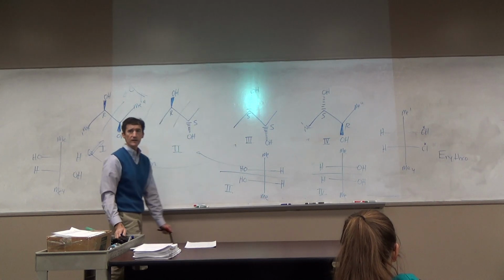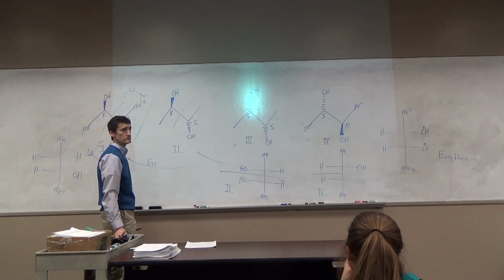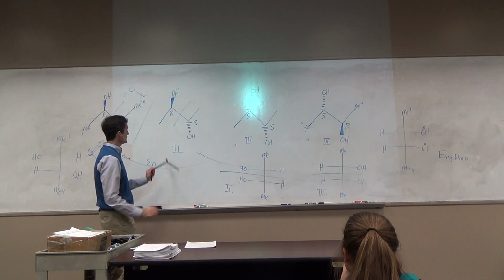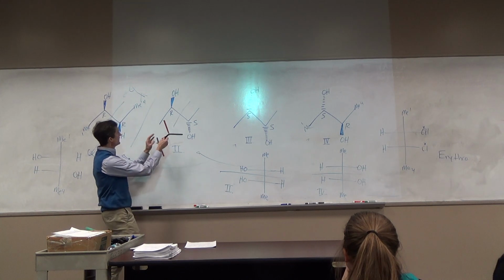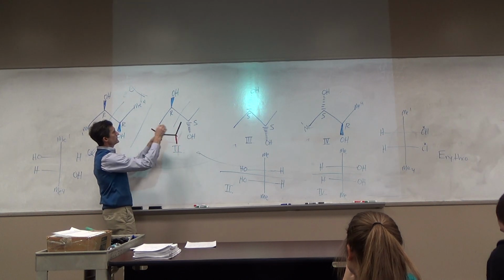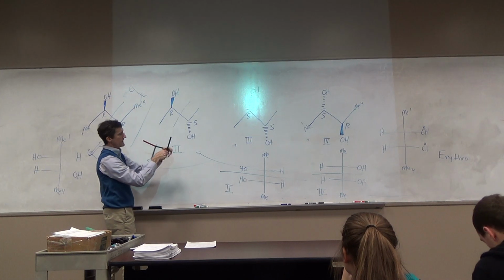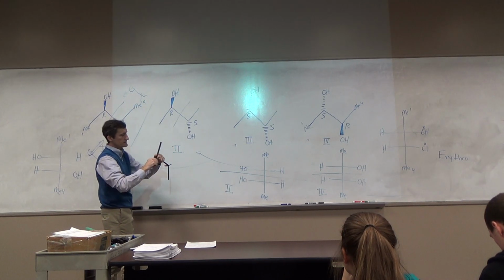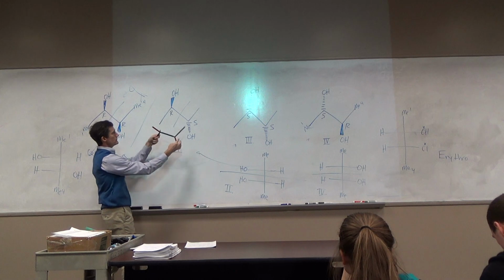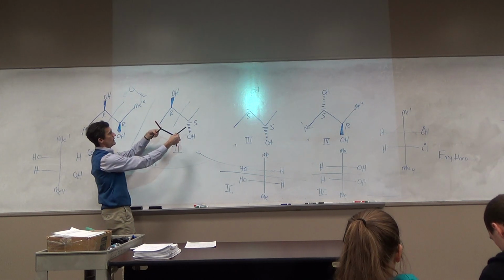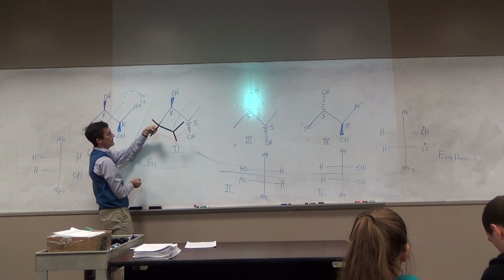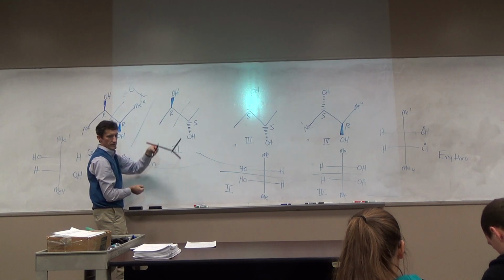But that's the same compound, just drawn twice. Let's look at compound 2 here. The backbone. Boom. This OH forward, but this OH is back. So I got to disconnect and change that. There it is on the board.